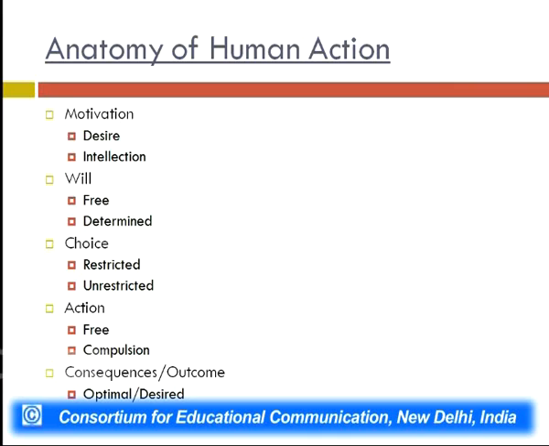That means by the very fact of our being embodied, we have certain restrictions, certain space and time restrictions to begin with. We cannot be present at two places at the same time, and so on and so forth. So in a certain sense, we never have a completely unrestricted choice.